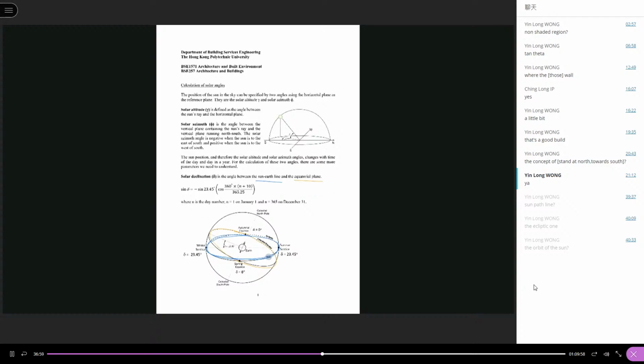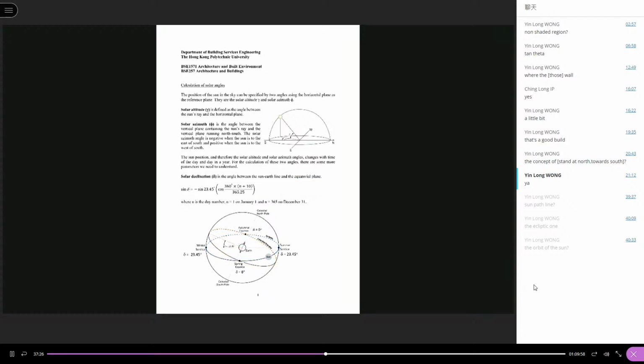So the angle between the Sun-Earth line. Let's say the Sun is over here. So the Sun-Earth line will be the line joining the Sun and the Earth. I think I made a mistake. I'm sorry.